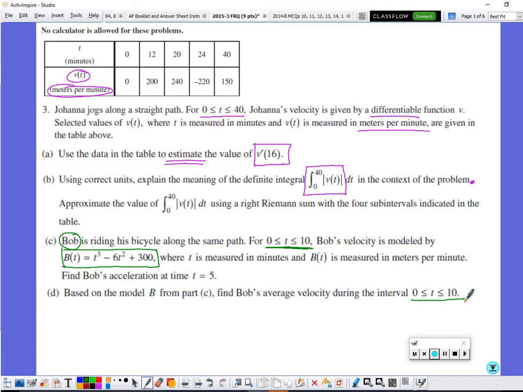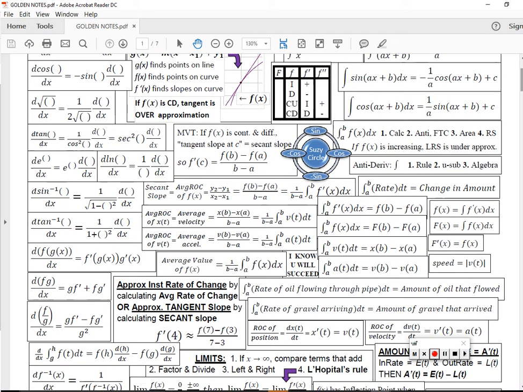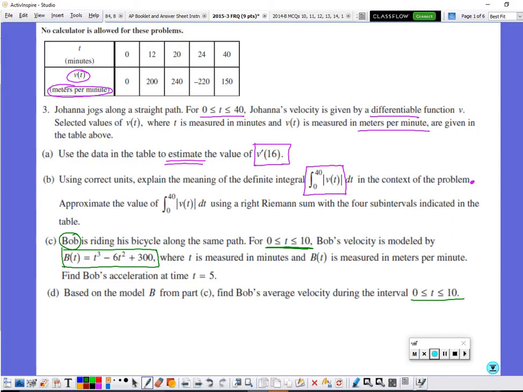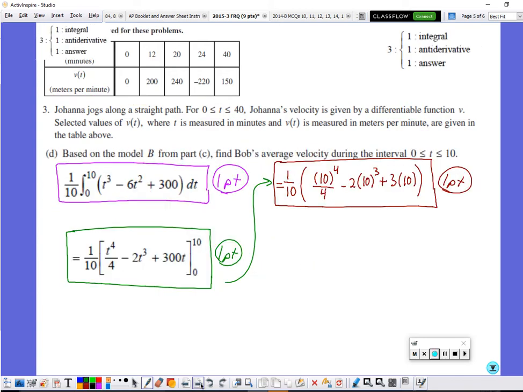So on your golden notes, right in the center of the front page, it says the average value of a function is always found by integrating what you're trying to find the average of, and then multiplying by 1 over the width of the time period over which you're averaging. So I go back here, and that's what I'm going to do. My first thing I write down is the integral I need to find the average. This is worth 1 point if you have this purple box exactly as shown on your paper. Make sure you have these parentheses.